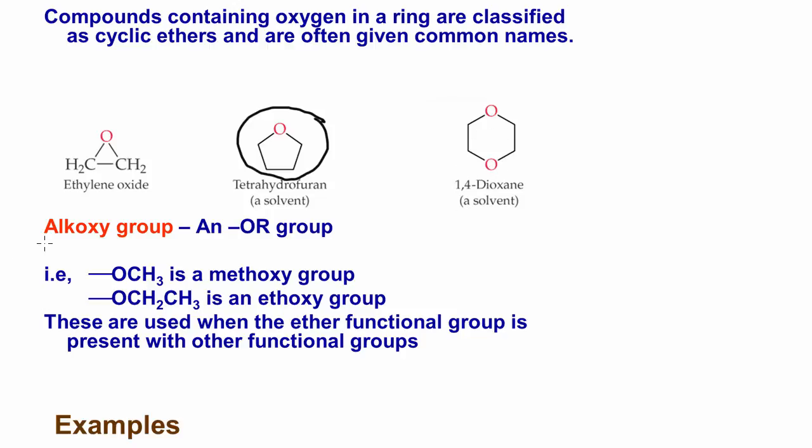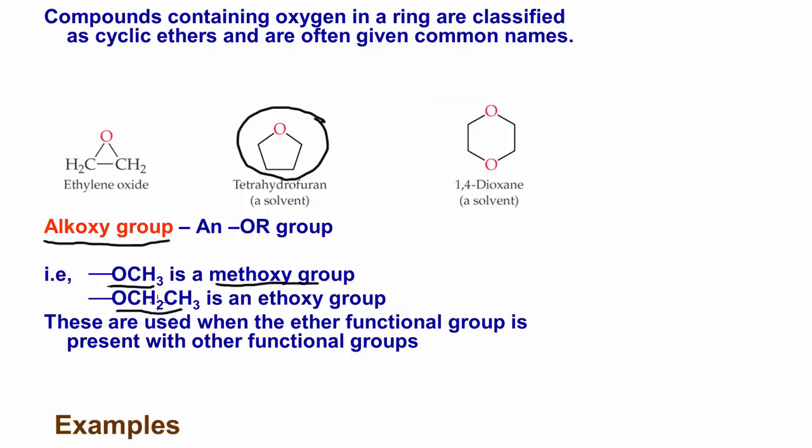Now, let's talk about the alkoxy group. An alkoxy group is an oxygen bonded to an alkyl group or an organic group. So for example, this part of a molecule, the O and the methyl group here, would be called a methoxy group.